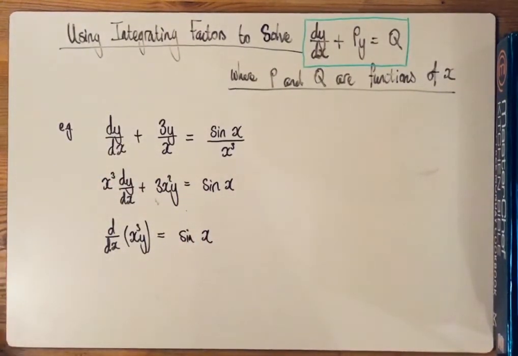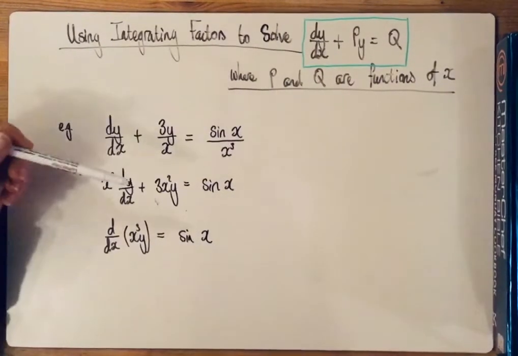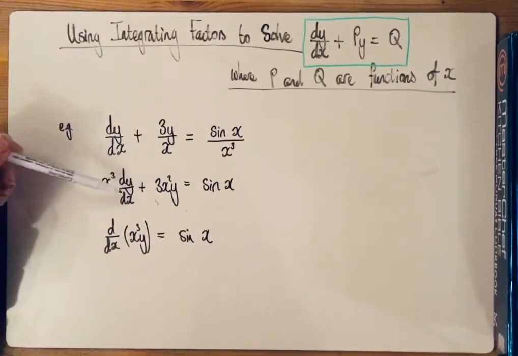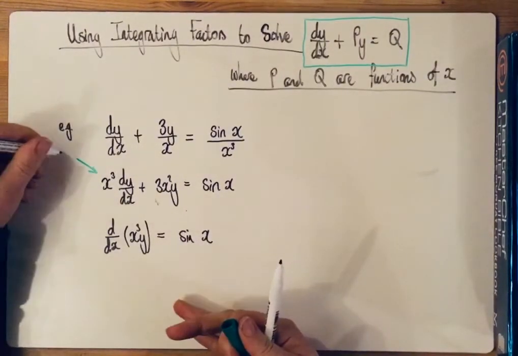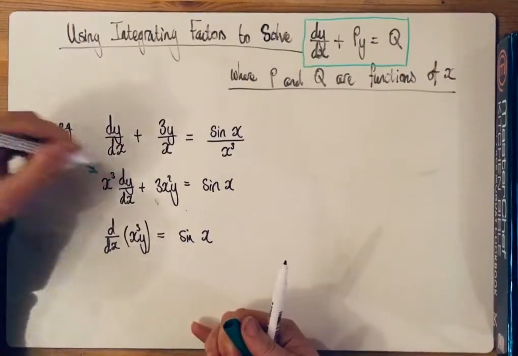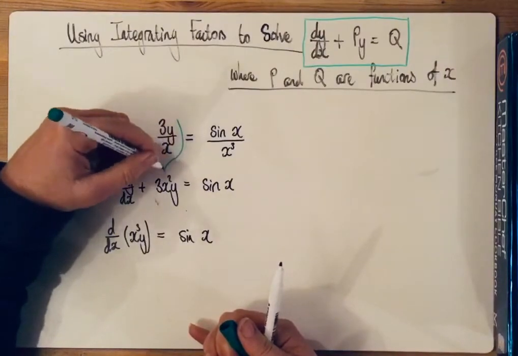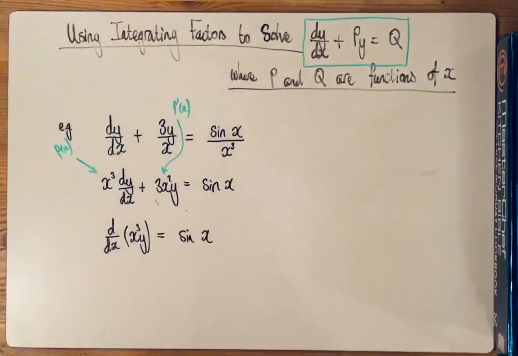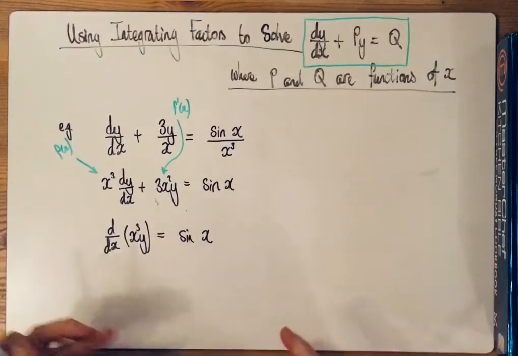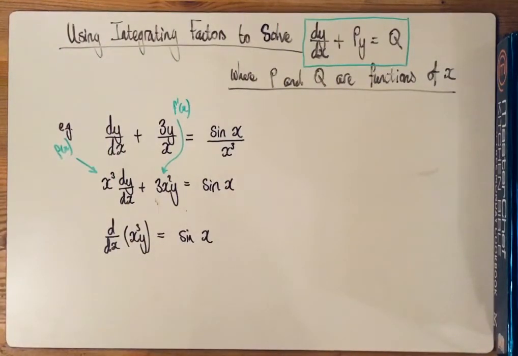We're only considering exact equations, so we're only considering ones with this y and dy/dx. If you notice what's happening, that is a function of x there, and this here is that function of x differentiated. Once you're in that form, you can use the reversing the product rule technique.